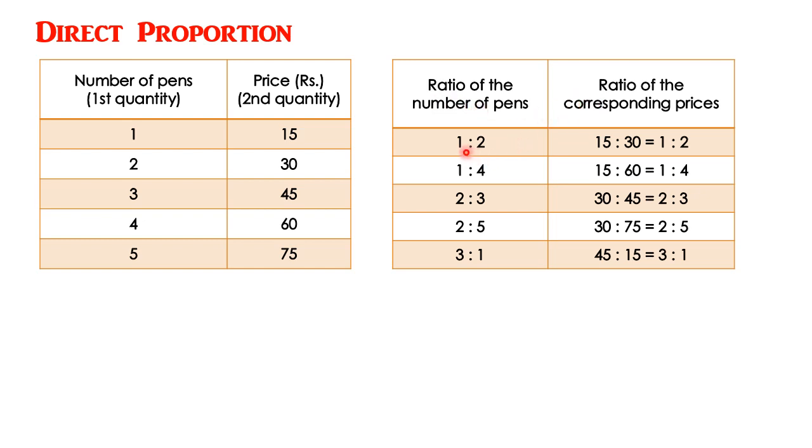When you get the ratio of the number of pens between the first and the second, the ratio of number of pens is 1:2, and when you compare the ratios of the corresponding prices, 15:30, which is equal to 1:2.